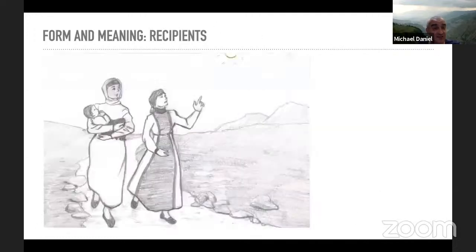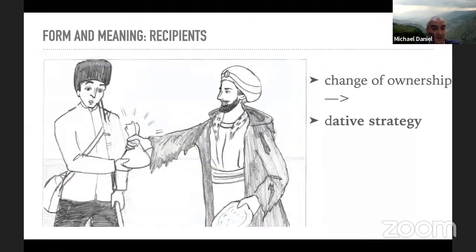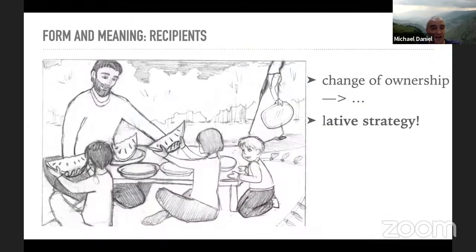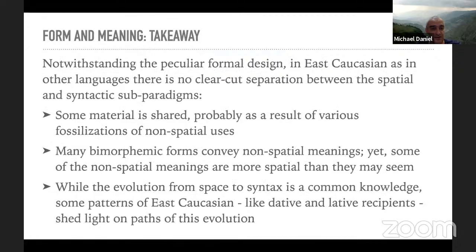And as a result, by comparing the syntactic cases and spatial forms in East Caucasian, where these two domains are clearly separated, we come to know much more about the evolution from spatiality into syntactic uses than we might know in the systems that we know better, like English.